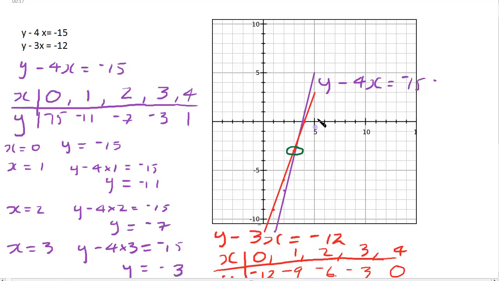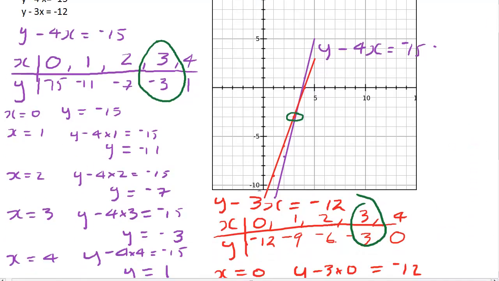It's quite hard to get it accurate on this diagram, but if you notice in this table you've got 3, minus 3, and in this table we've got 3, minus 3 down here. Let's just highlight those so it's easy to see. So actually we can see they're going to cross at 3, minus 3, so that will be our best answer.